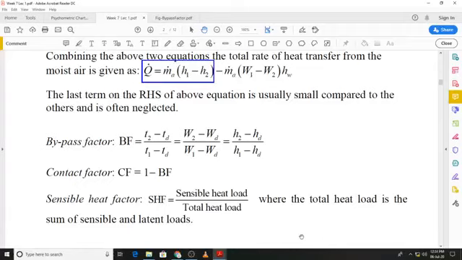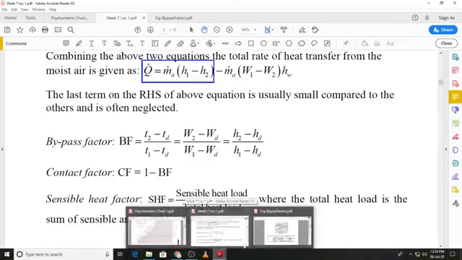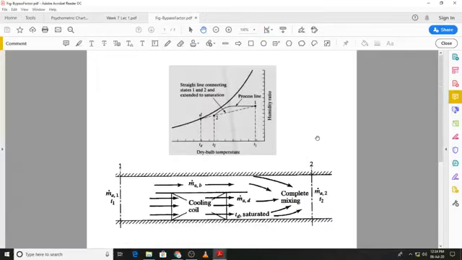And for that, let's look at this cycle, the process, and a schematic representation of the system, that is flow of air over a cooling coil. As I said, the air particles are not at a uniform temperature in the airstream.